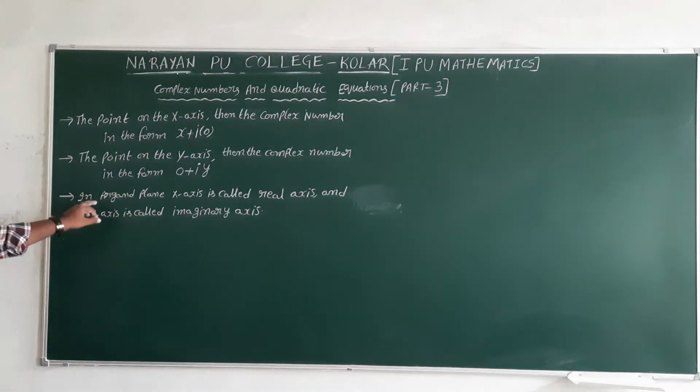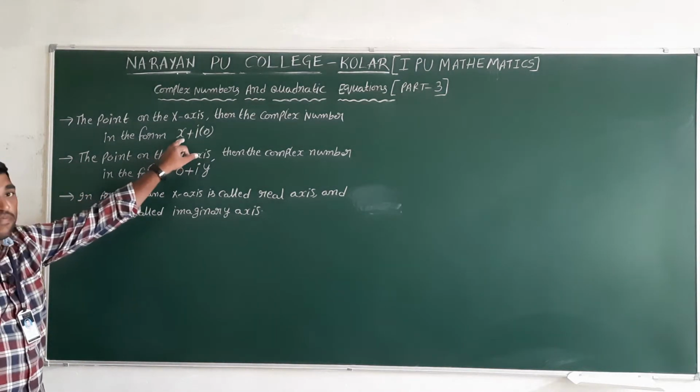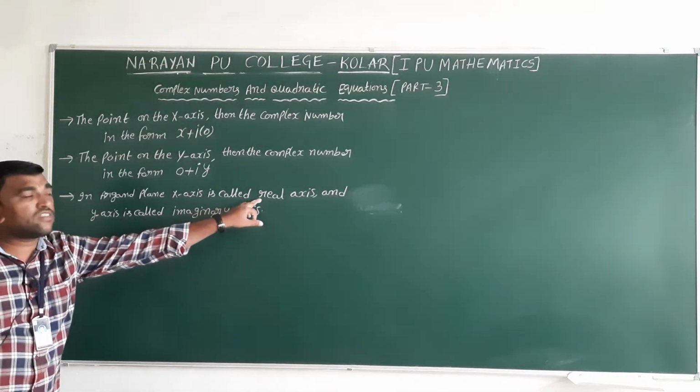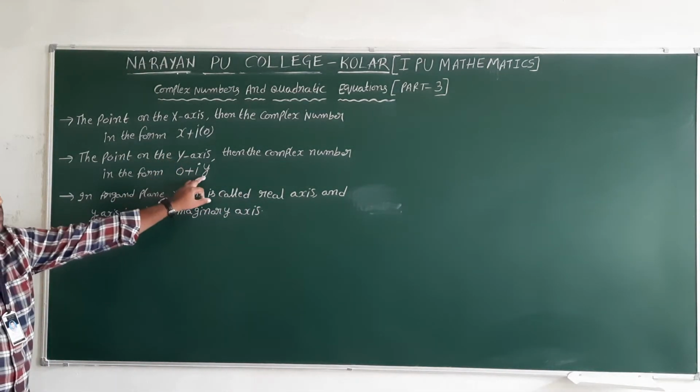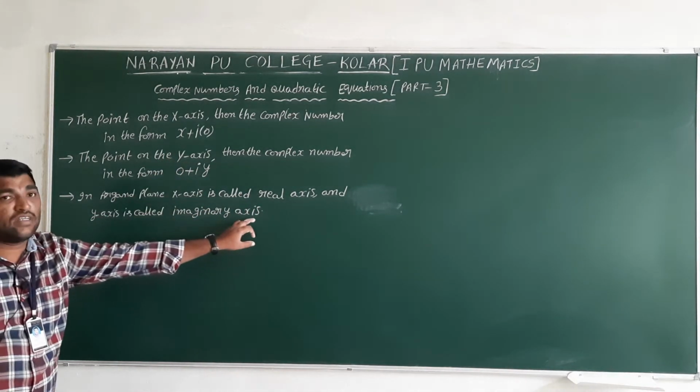Simple thing: in the argand plane, the x-axis has only the real part, that's why it is called the real axis. The y-axis has only the imaginary part, that's why it is the imaginary axis.